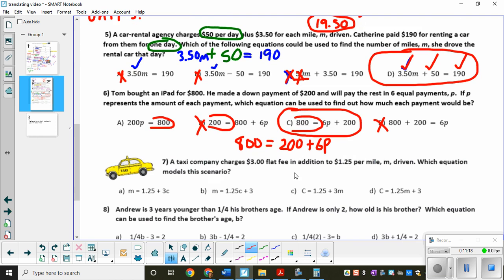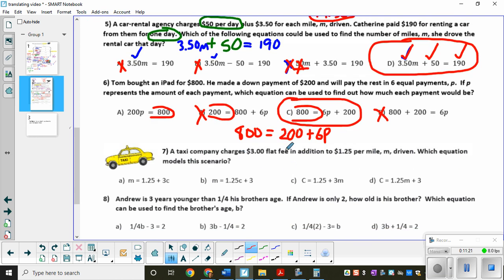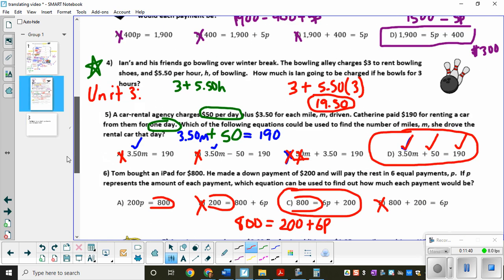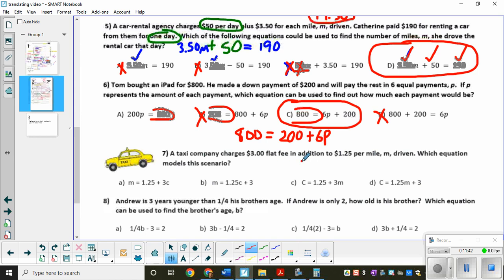All right, for number 7, a taxi company charges a $3 flat fee in addition to $1.25 per mile driven. Which equation models this scenario? So the $3 flat fee, y'all, the flat fee is the constant because you have to pay it no matter what. So we're looking for the plus 3.